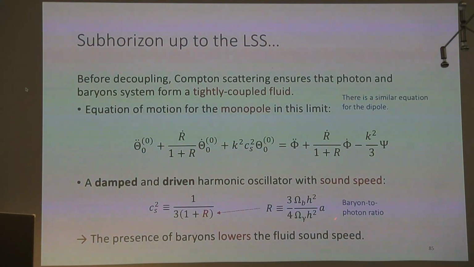And a over here is also a small number because we're looking at a fairly high redshift. So even though the baryon loading is causing the sound speed to go down, it's not like it's dragging it down to 0 or anything like that, because you never really have so much baryons in your mix.